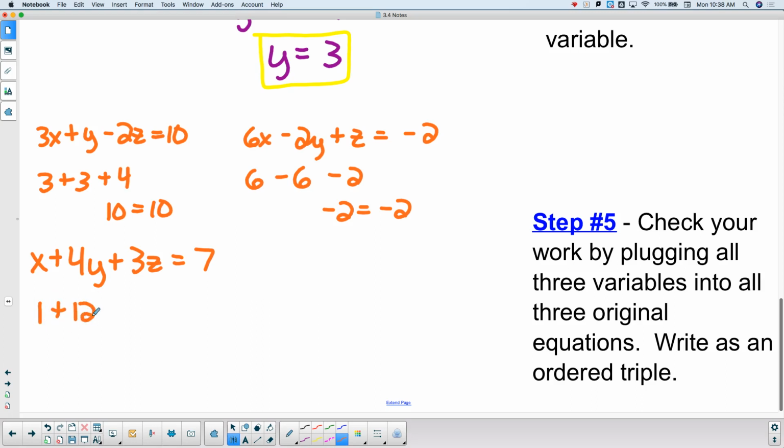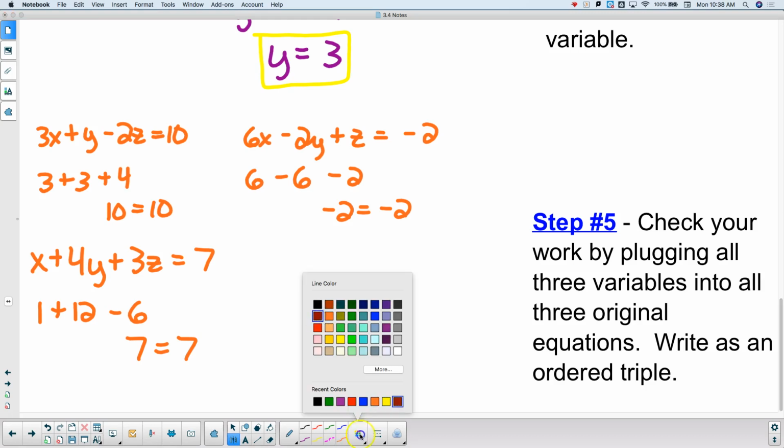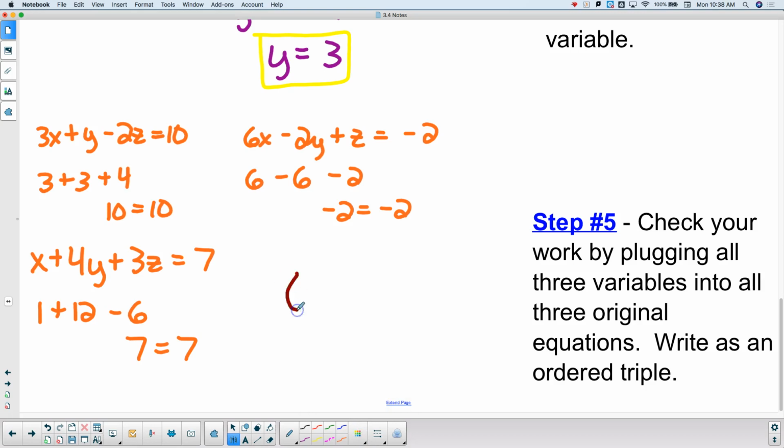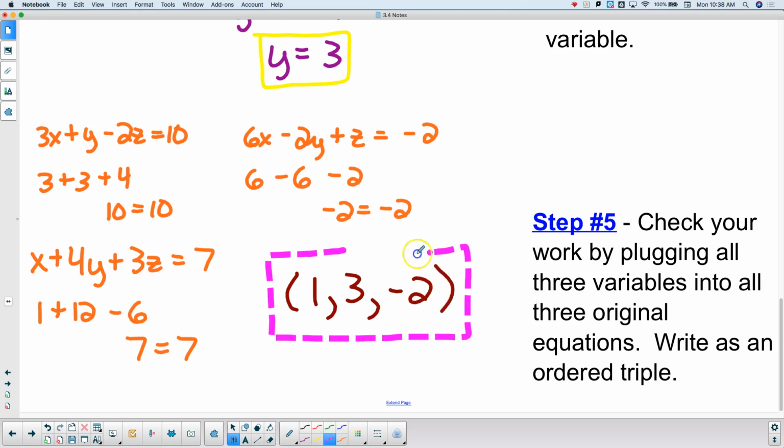Z was negative 2, so that's minus 6. 1 plus 12 is 13, minus 6 is 7. 7 is equal to 7. So it checks out in all three. So our answer here is going to be 1, 3, negative 2, written as an ordered triple.